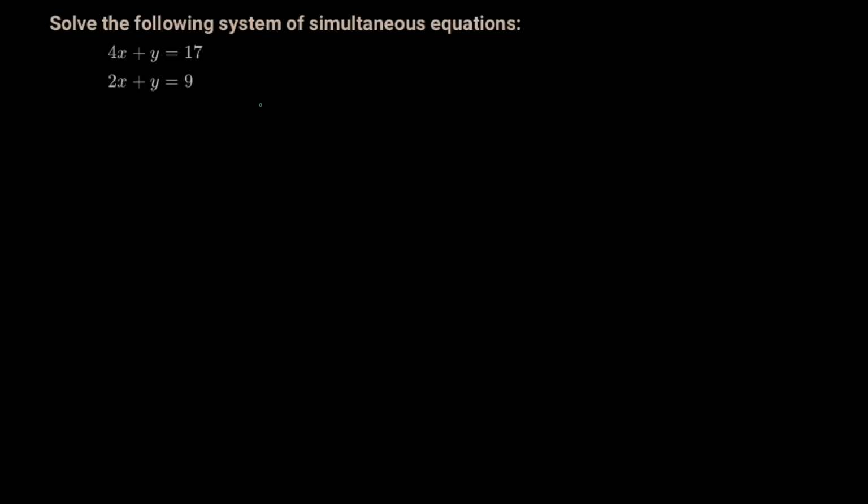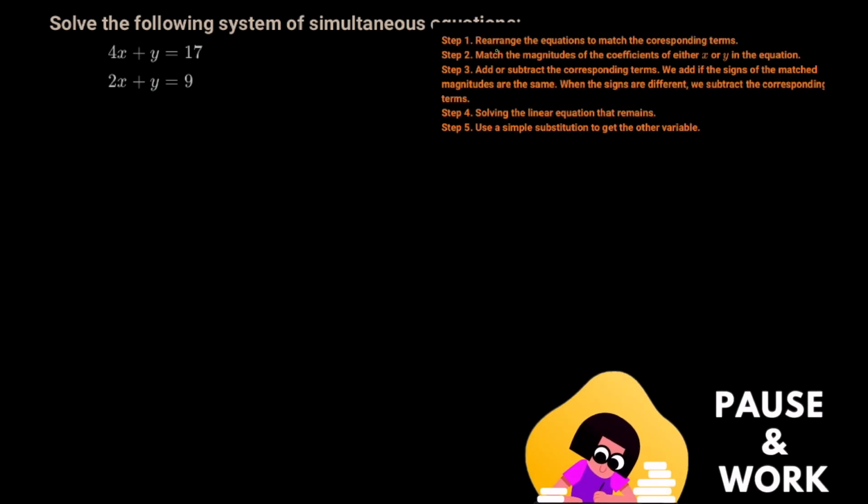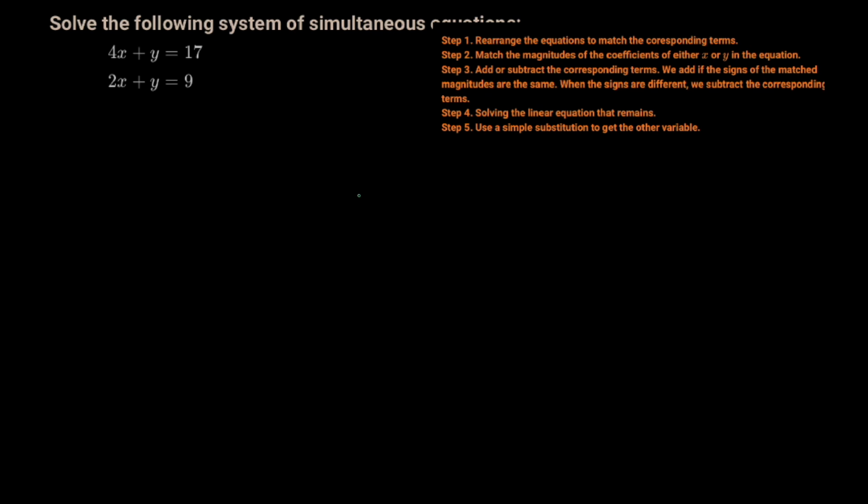You're asked to solve the system of simultaneous equations. I'm going to teach you how to do it when eliminating y and also when eliminating x. I'm going to recall my guidelines here and have them handy so that you understand a bit more on how it's supposed to work out.